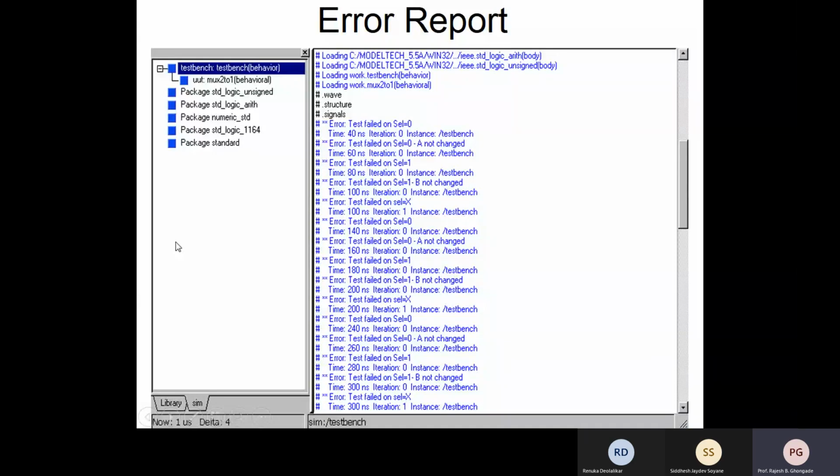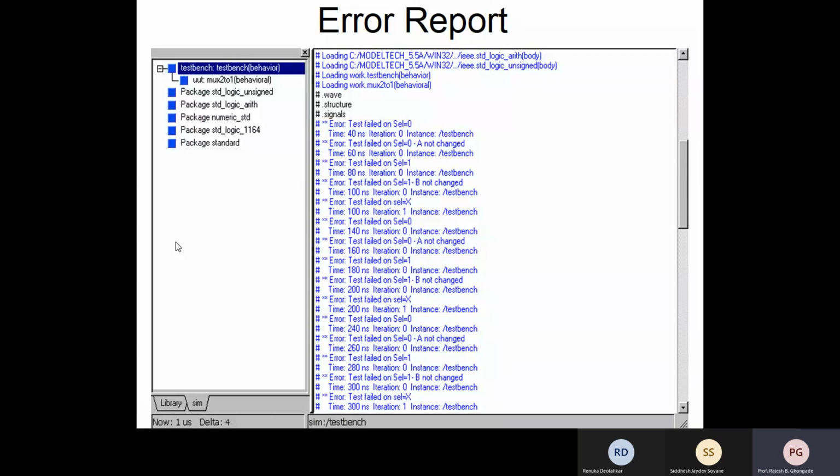Anyways, there is something wrong with the software. But what you'll see is necessarily this kind of error report. Wait a minute. All right. So this kind of error report you'll see after you use this test bench.